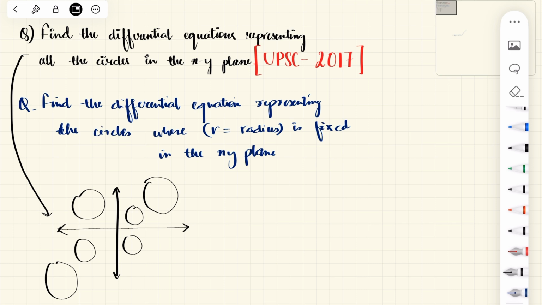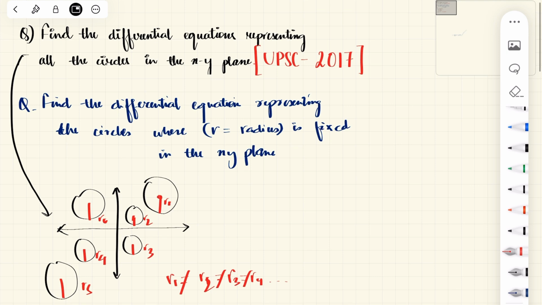According to the different circles, this is radius 1, this is radius 2, this is radius 3, this is radius 4, this is radius 5, this is radius 6. So there are many examples. These are not the same because the length of the radius is not the same. Even the center is also not the same.